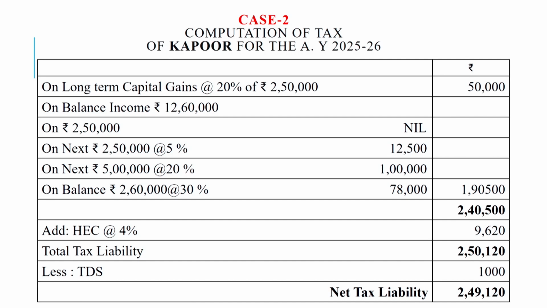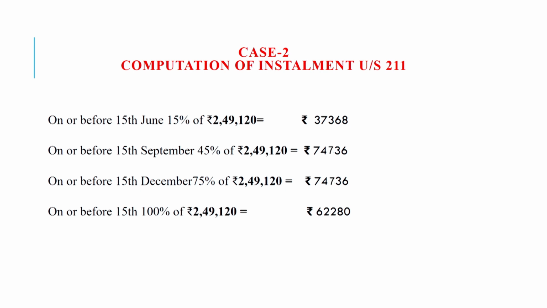So 2,40,500 plus 9,620 is equal to 2,50,120. After deducting the TDS 1,000, 2,49,120 will be the tax liability. So after this, there is the calculation of the installments under section 211.